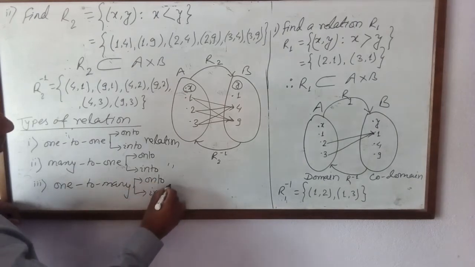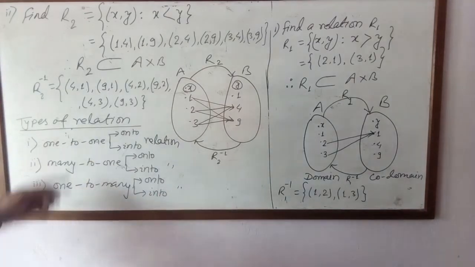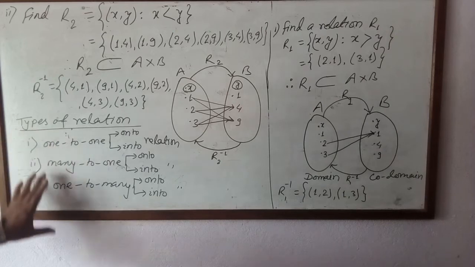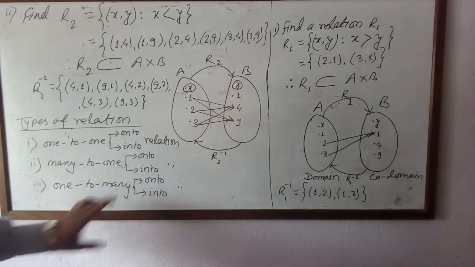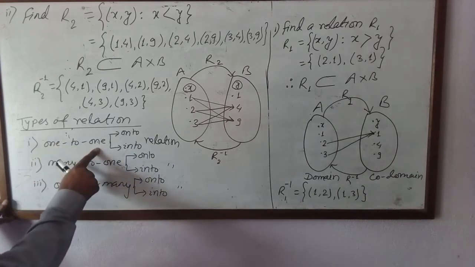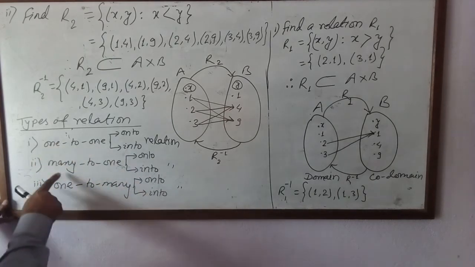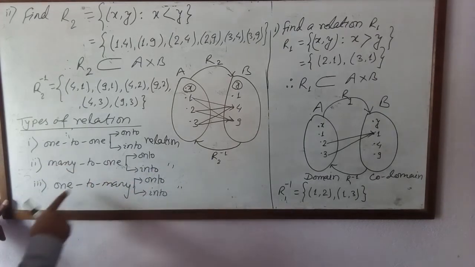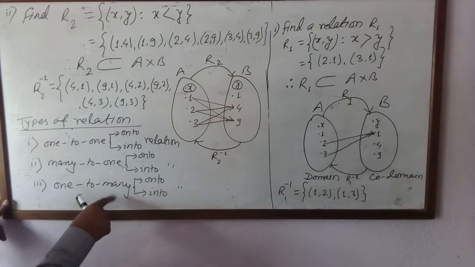Now first of all you have to understand here, this first one represents the domain, this second one is the image. One to one means one domain has one image. Many to one means many domains have the same common image. One to many means one domain has so many images.